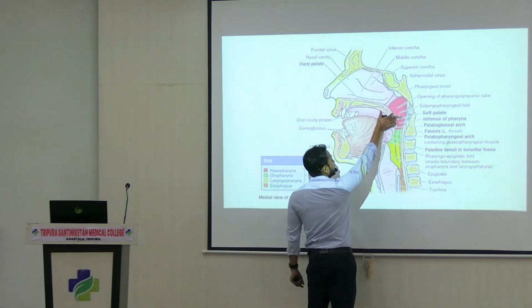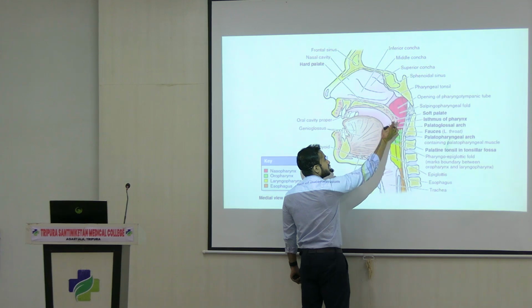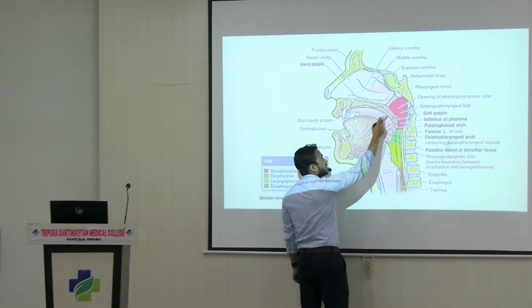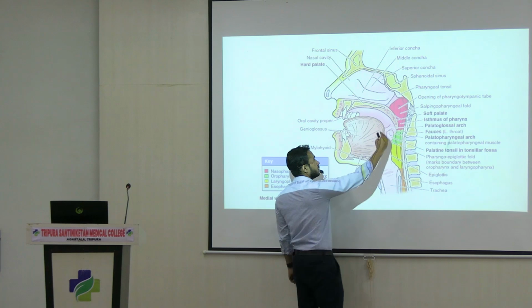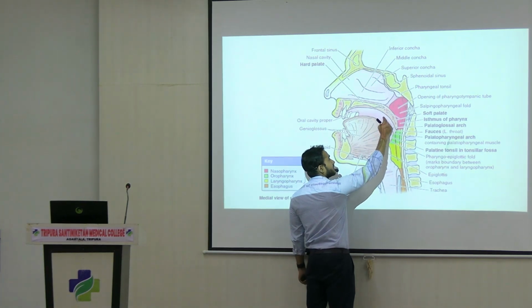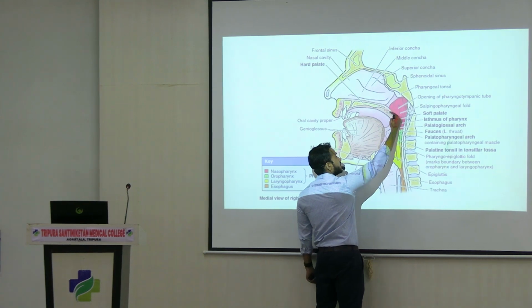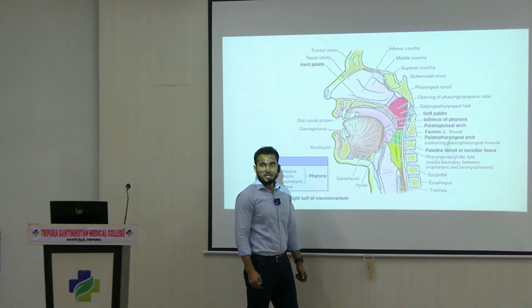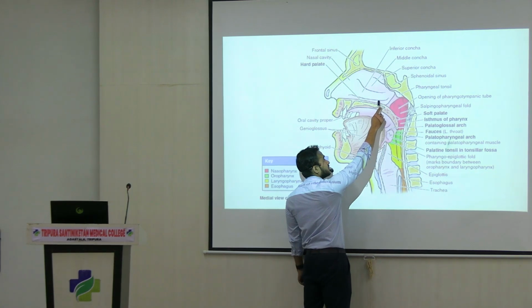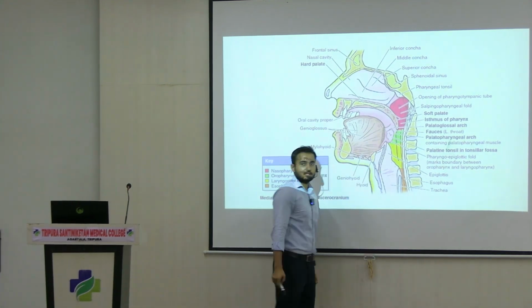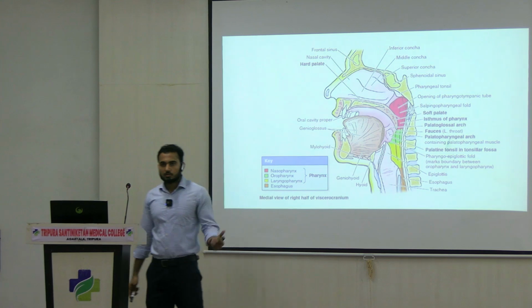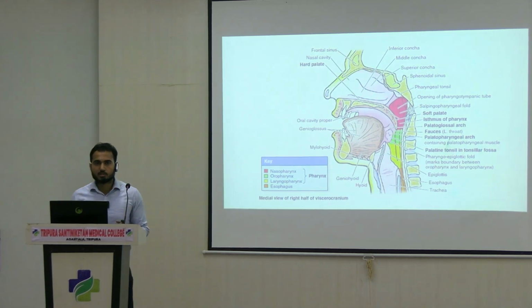This is the soft palate which is hanging from the posterior margin of the hard palate. The anterior surface is concave, and the posterior surface is convex. The posterior surface continues with the floor of the nasal cavity. I hope the anterior surface and posterior surface are clear.